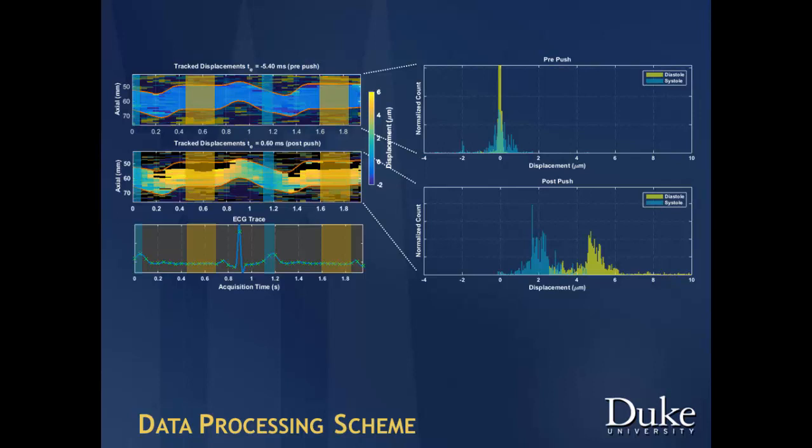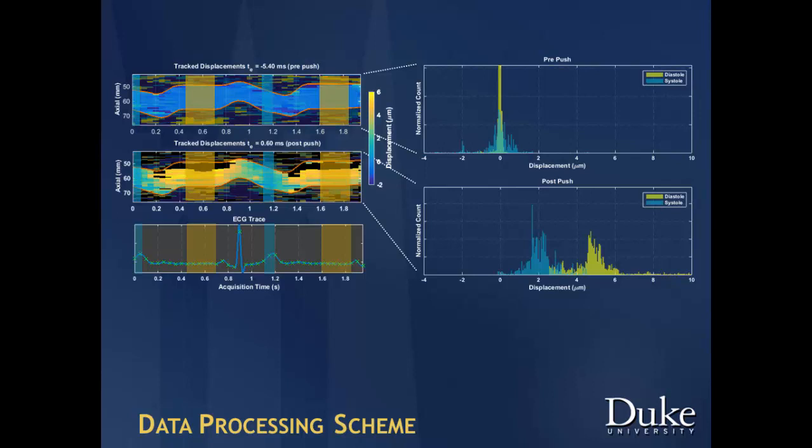So on the top this is pre-push, so this is not the excitation. This is what passes all the way through our motion filters, and it is nicely centered about 0. That's good. We didn't induce any displacement. We don't really have much of a bias. You see higher standard deviation in systole. There's more motion, more of it leaks through.